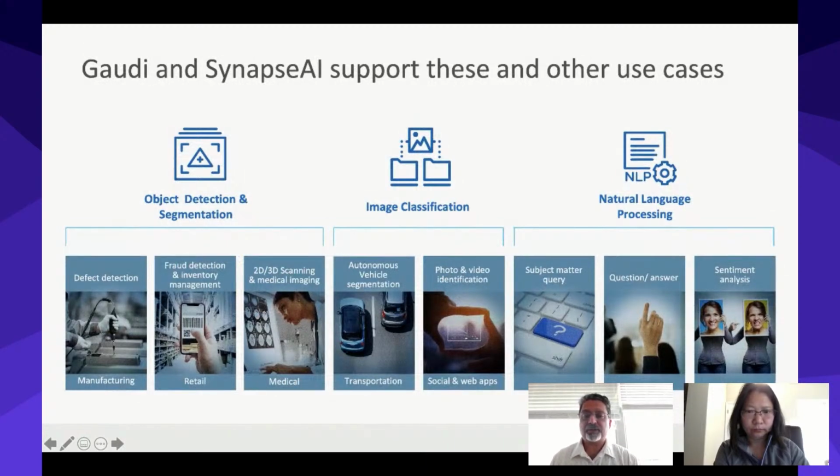And this is a barrier in a wide variety of industries, right? Manufacturing, retail, medical, transportation, even in social media. And what Habana has understood is that in all of these industries, there are a few major areas where AI and ML are being used. The first area is computer vision, and that can be divided into object detection and segmentation, or more basically image classification.